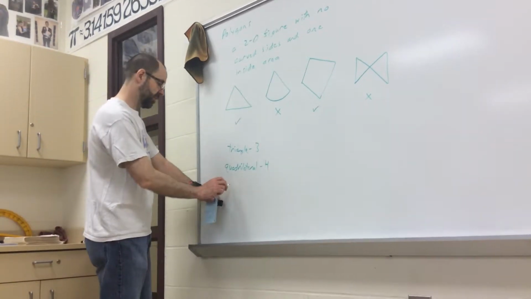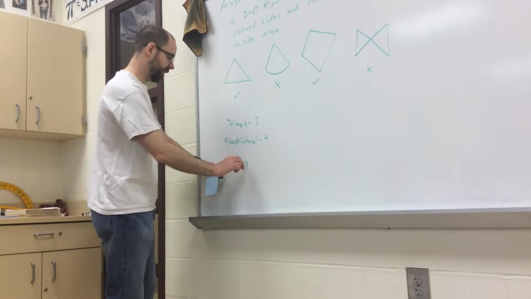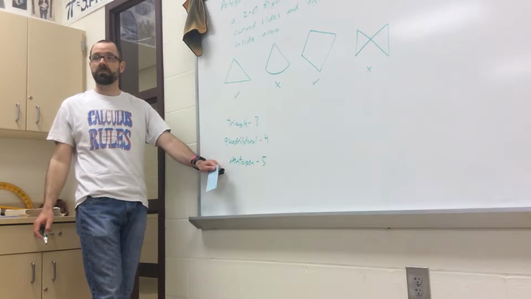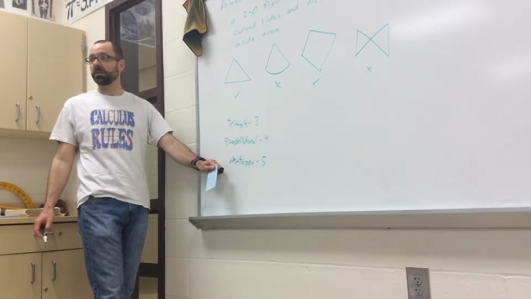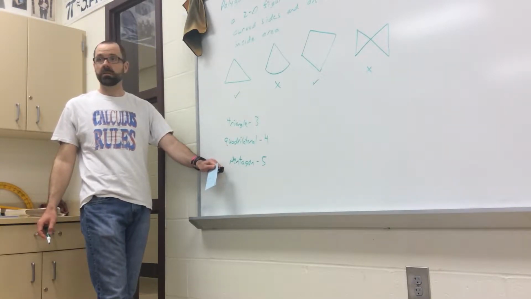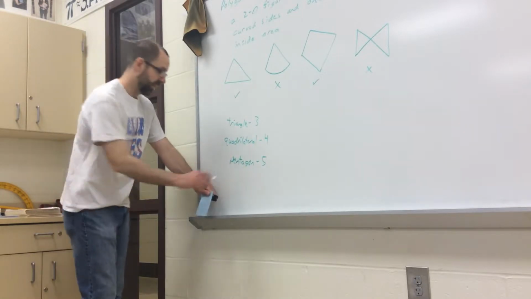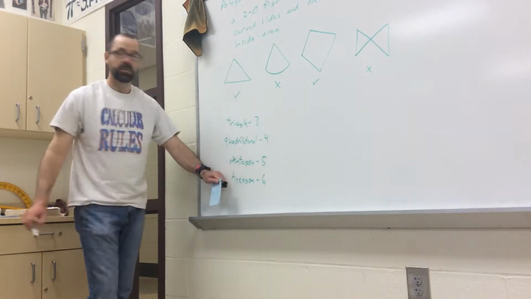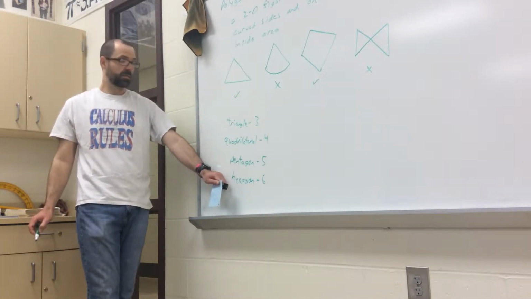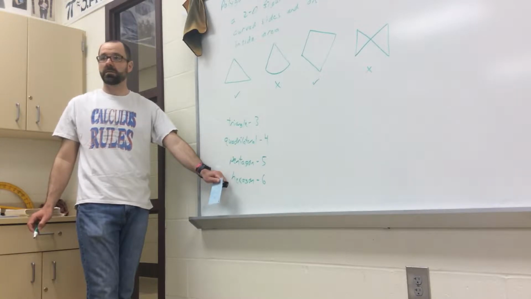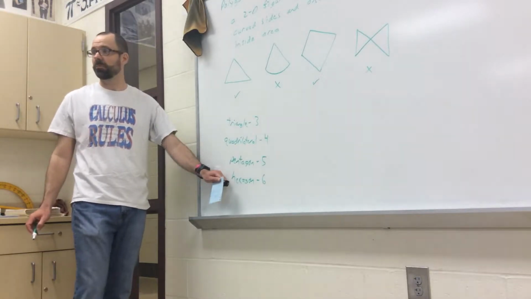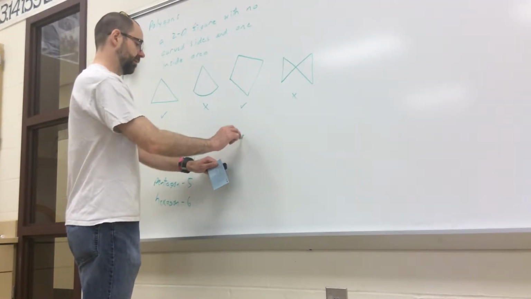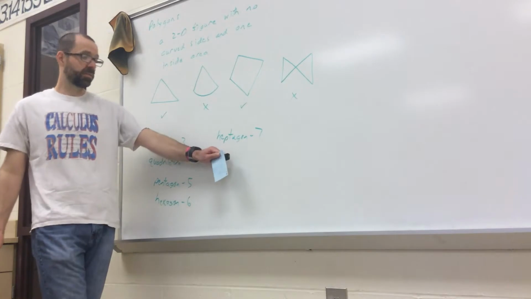Okay, then if a polygon has 5 sides, it's called a pentagon. And if it has 6 sides, it's called a hexagon. If it's called a heptagon, then it has 7 sides.